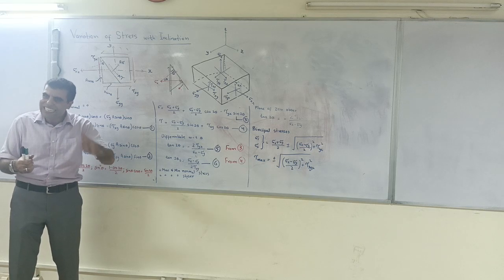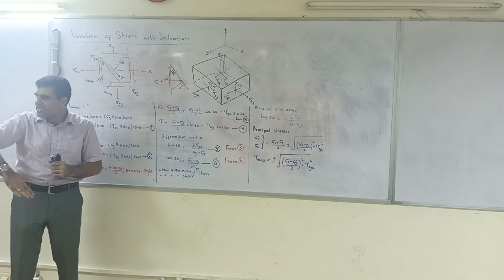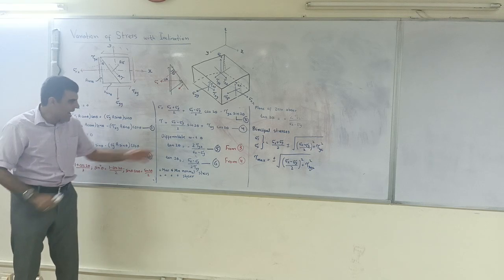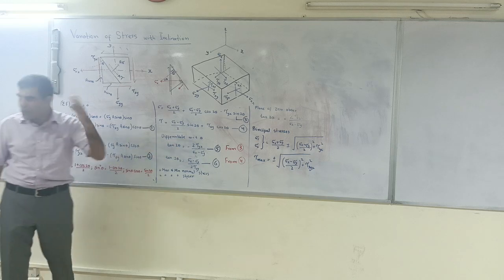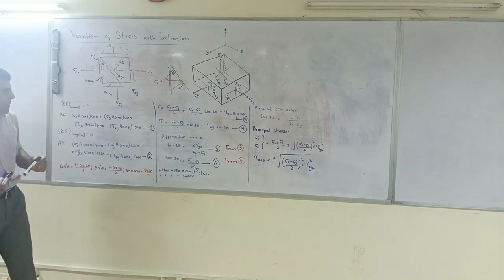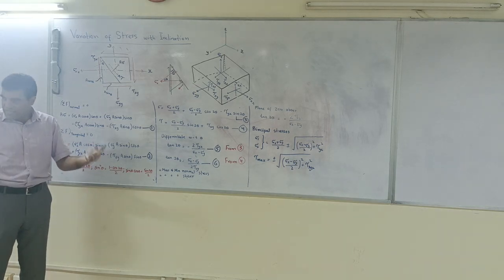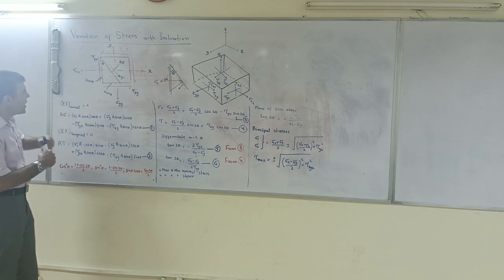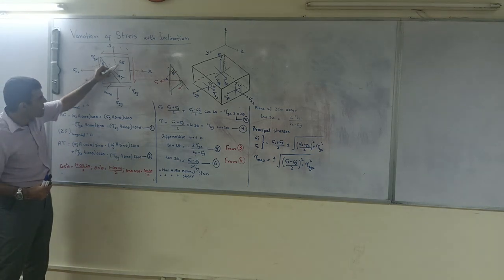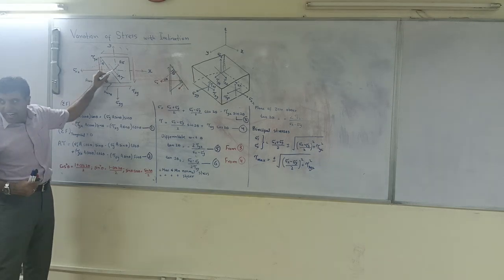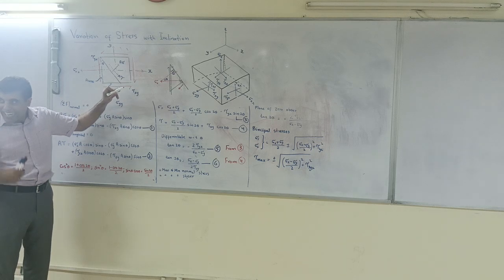After every 90 degrees it changes direction, and we get a plane with a maximum or minimum stress. In other words, if at a particular theta you get a maximum stress in this direction, the other stress will be at 90 degrees.